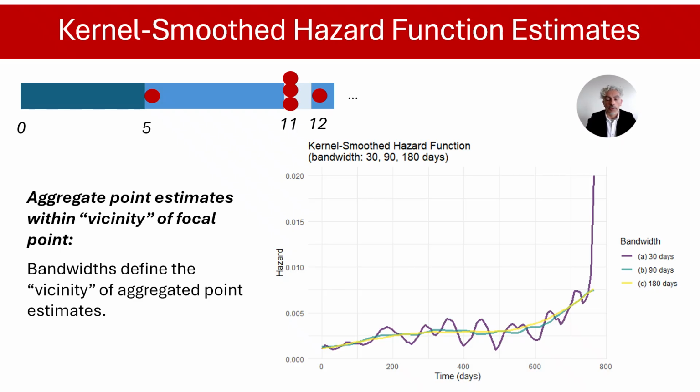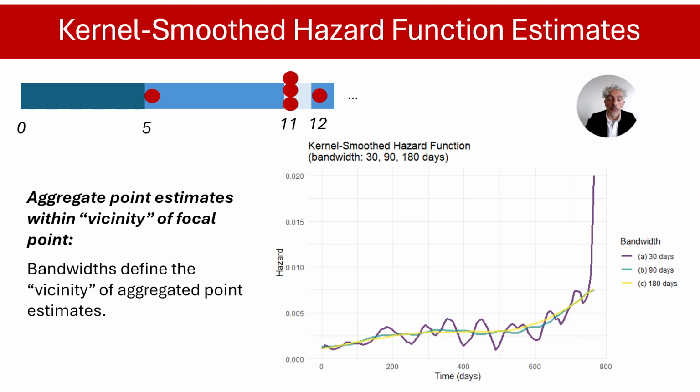And this is called the bandwidth, which is basically the interval that will provide the point estimates that are being aggregated in the smoothing. So we can choose different bandwidths for smoothed estimates. Here in the graph, I provide an example where I used 3 different bandwidths to report the hazard function in the lung cancer data.